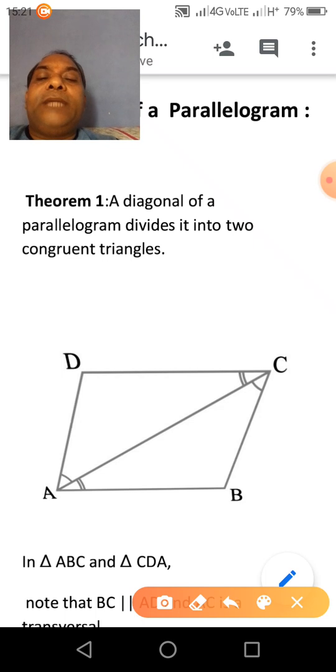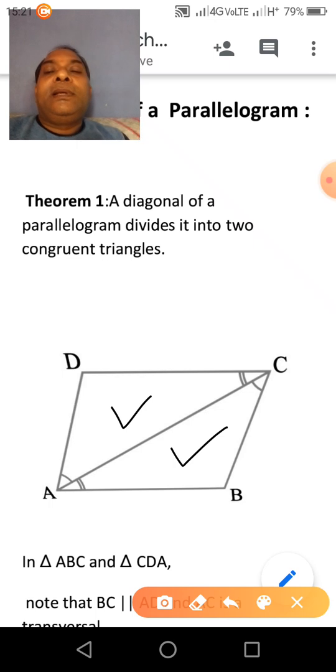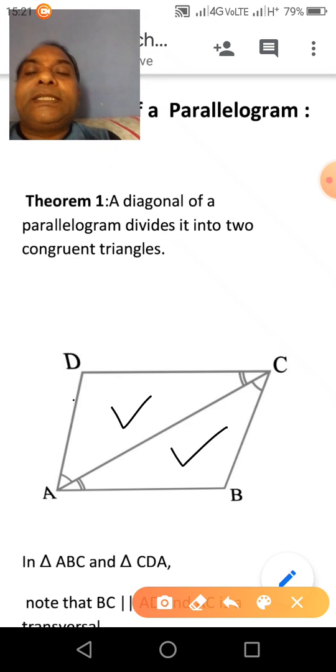And you have to prove that this diagonal AC divides the parallelogram in two congruent triangles. Means you have to prove that triangle ABC is congruent to triangle ADC. Clear? So as we know that in case of parallelogram, pair of opposite sides are equal and parallel. So this side AD will be parallel to BC.